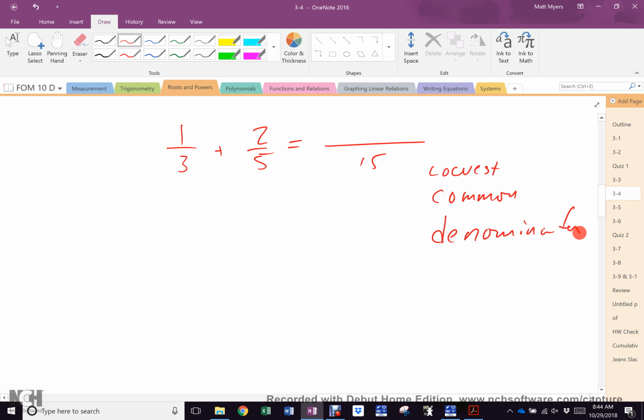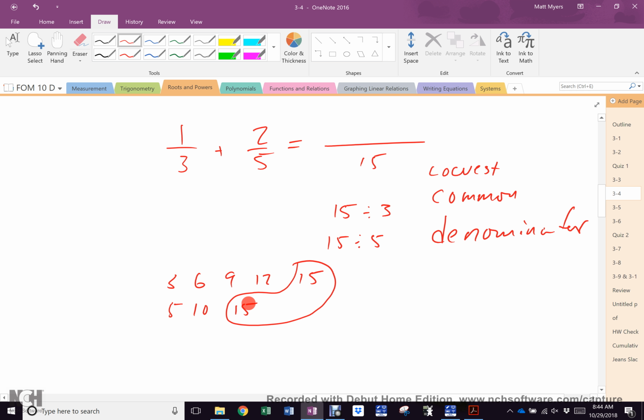But the lowest common denominator is really a lowest common multiple, because 15 divides by 3 and 15 divides by 5. 3, 6, 9, 12, 15. 5, 10, 15. The first number that's the same in both is the lowest common multiple. Everybody cool? Easy to do with little numbers. Harder to do with bigger numbers.